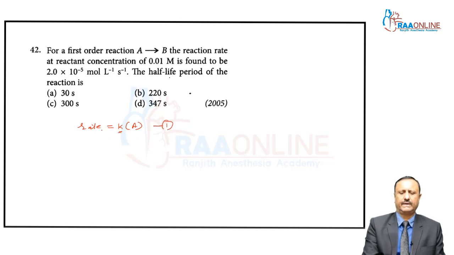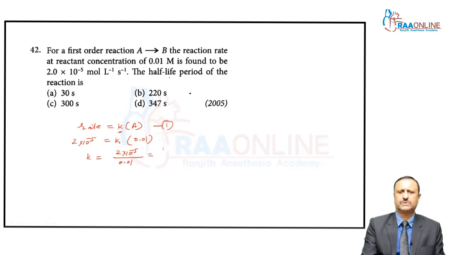Here rate is given, that is 2 into 10 to the power minus 5, and concentration is given, that is 0.01. So, my dear students, K is equal to 2 into 10 to the power minus 5 divided by 0.01.